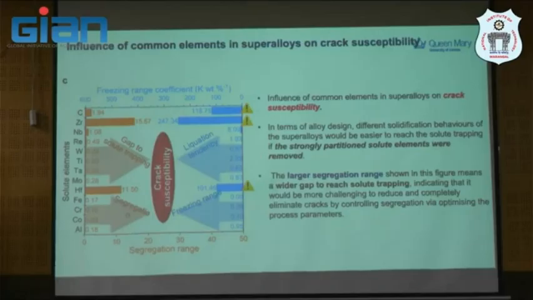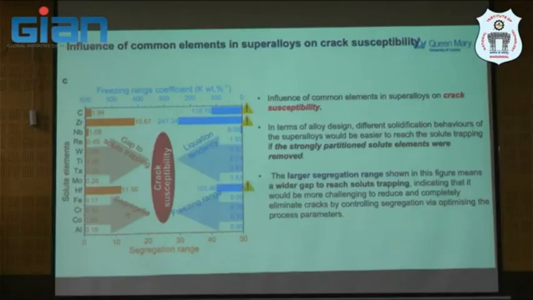We believe that in the alloy design of new superalloys, if they have different solidification behavior, it will be easier to reach solute trapping if strongly partitioned solute elements were removed. That means if we can remove all of these, but probably it's not good for hafnium, because this is a grain boundary strengthening element.